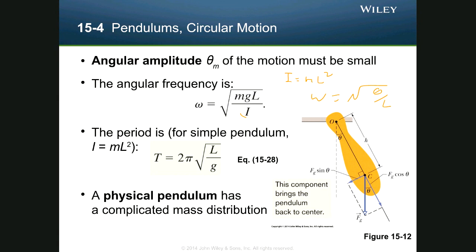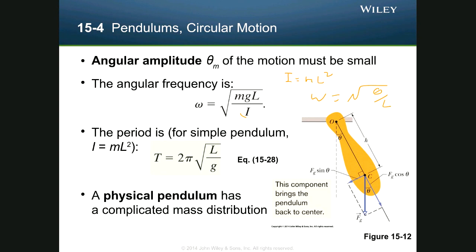Whether you have a bowling ball or a little marble, it only depends on the length of the string. If both strings are a meter in length, you'll have the same frequency, whether it's a tiny mass or a big mass.